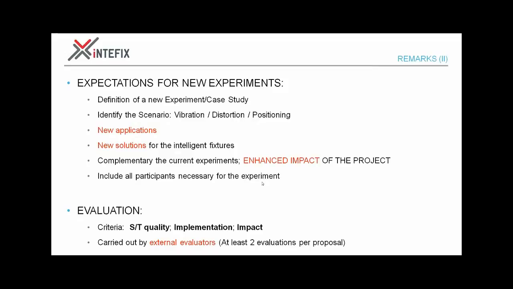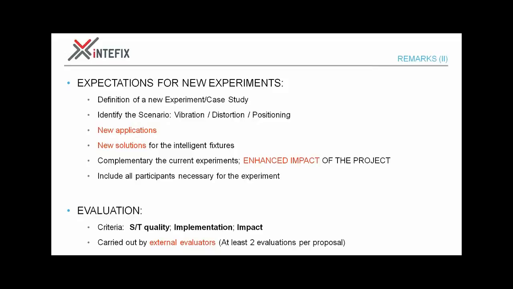Regarding the evaluation of the proposed experiments, I think it's clear in the guidelines, but there are three different criteria. The first one is the scientific and technological quality. The second one is the implementation. This is related to how you are going to work in the case study, the role of each partner, and how you are going to work together.